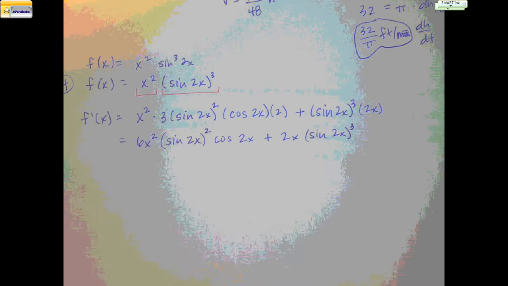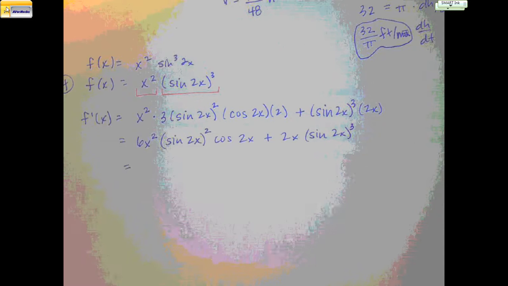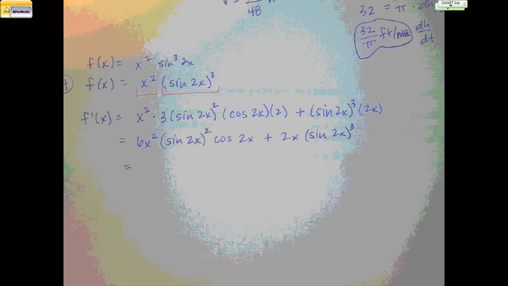I think also I might take this a step further. What would you guys want to do on this, but take this a step further? Yeah, we have a couple of common factors.